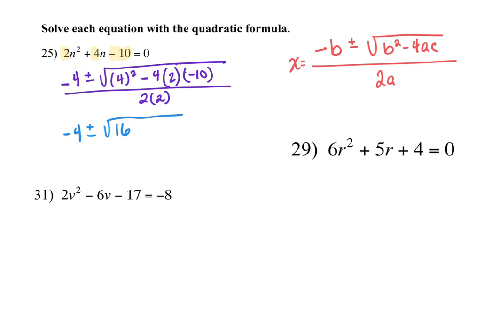Positive 80, right? 4 times 2 is 8, times 10 is 80. And I have the negative in front of the 4 and the negative in front of the 10. That's positive 80. All over on the bottom, 2 times 2 is 4. All right. On the inside, 16 plus 80 gives me what? 96. So I have negative 4 plus the square root of 96 all over 4.